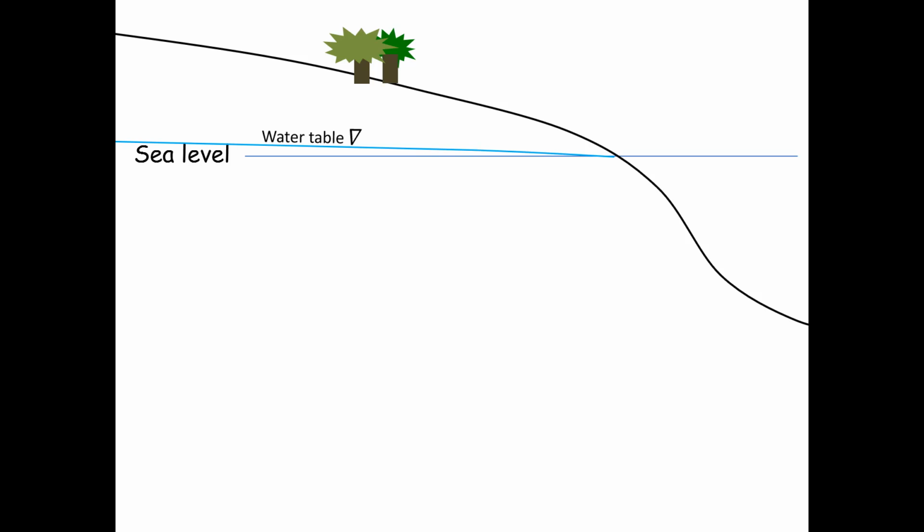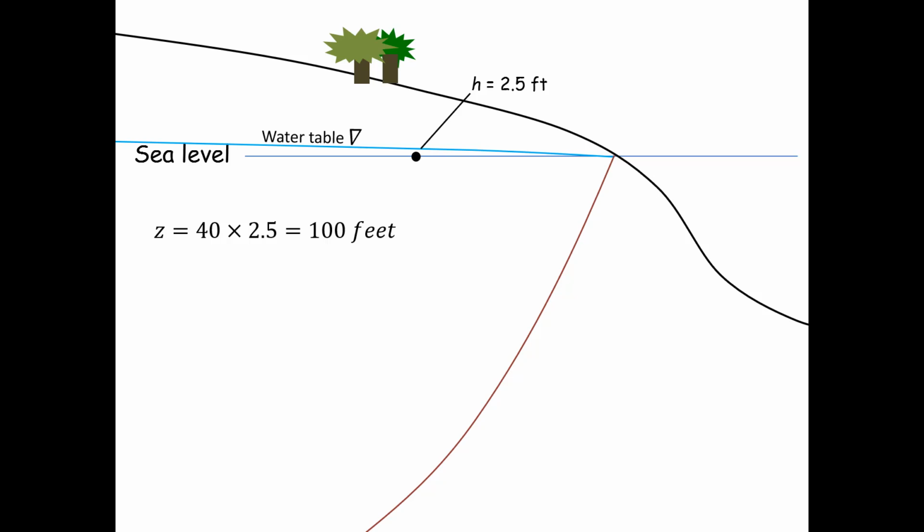For example, suppose you're some distance from the coast at a location where the water table is 2.5 feet above sea level. Given a typical water table gradient, this would put you about half a mile inland. How thick is the freshwater lens at this location? Well, the depth to the freshwater-saltwater interface, z, is 40 times the water table elevation, or 100 feet, and the lens looks like this.